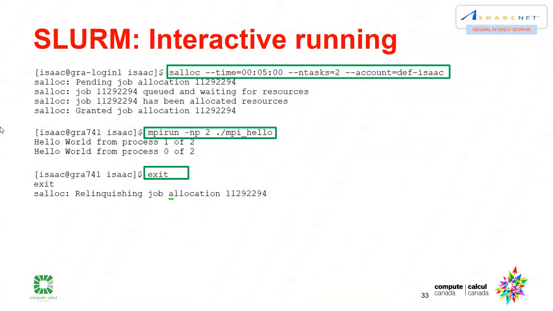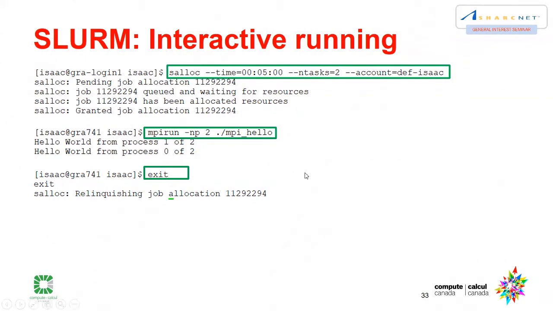Here, instead of using SBatch to submit your job, you simply do the MPI run minus MP2 and then MPI hello, which is a typical way when you run your parallel job on a single node machine. Sometimes you want to run your job without submitting any job to the scheduler, just simply running your executable file. It's the same thing.